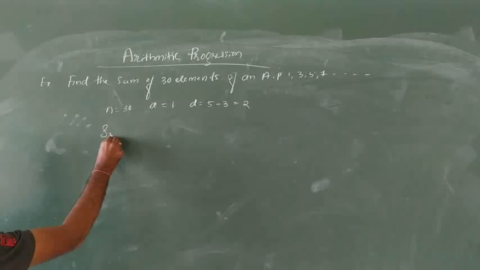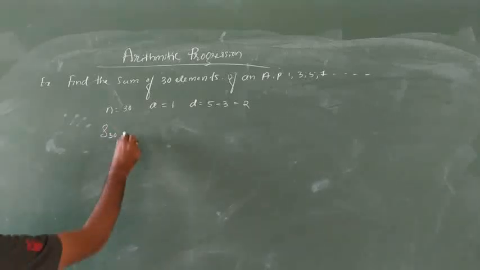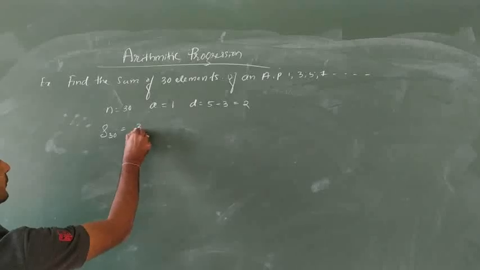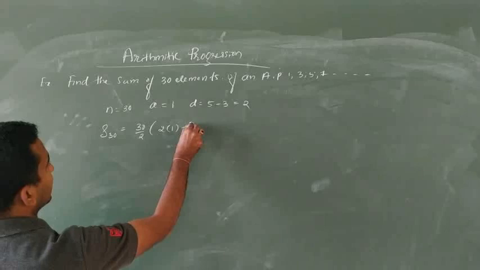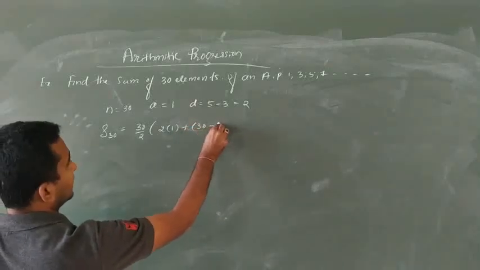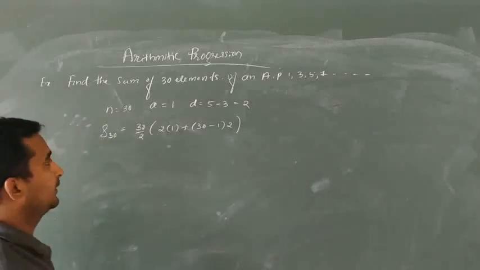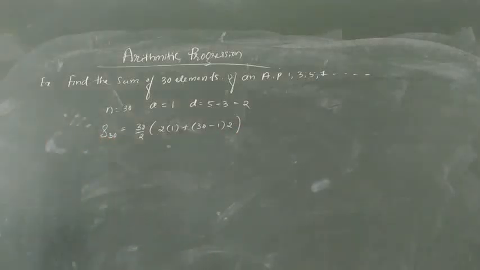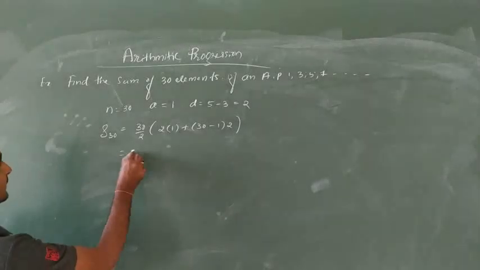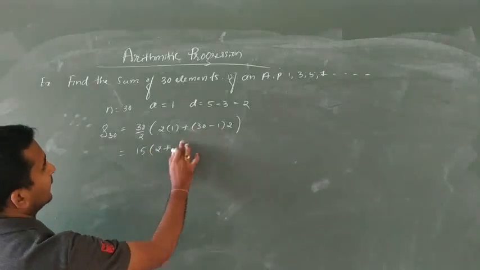Therefore S30 is equal to n by 2 into 2a plus n minus 1 into d, because I don't know the last element. If I know the last element, then I can substitute directly in n by 2 into a plus l.